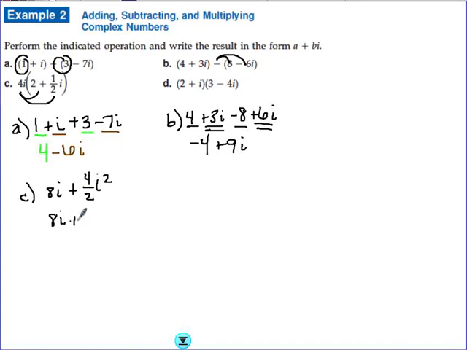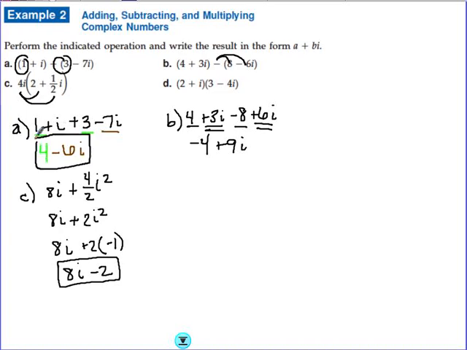This I know goes down to a 2i squared, but recall that i squared is the same as saying negative 1, so I have 8i plus 2 times negative 1. Simplifying that further, I have 8i minus 2, so that would be my final answer for this.